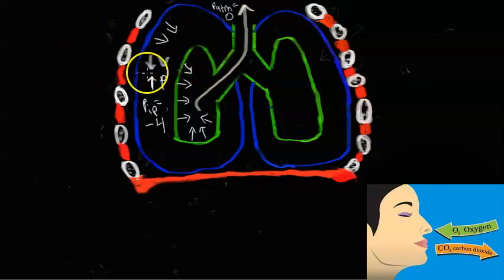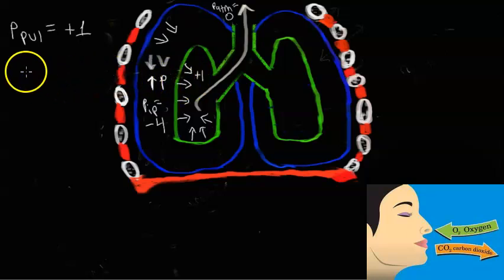Now, the pressure in the lungs, we call this the pulmonary pressure, is going to go up to approximately +1. And because of that, there's now a pressure gradient, which is going to drive the CO2 out of the lungs.